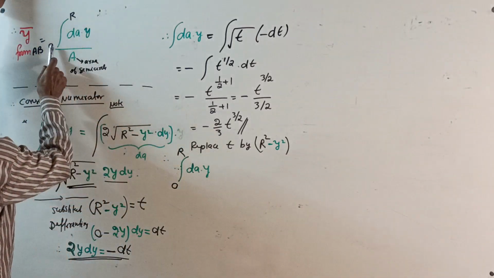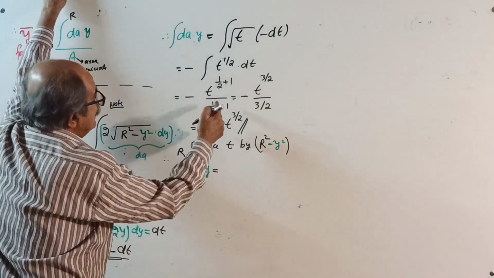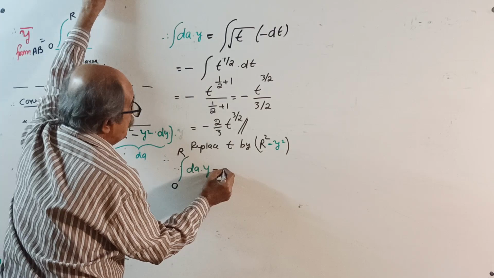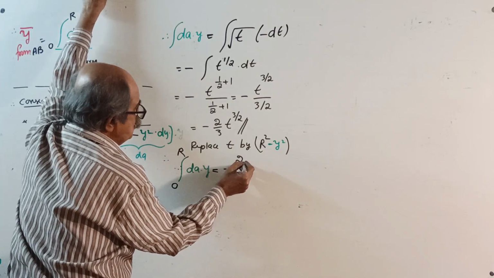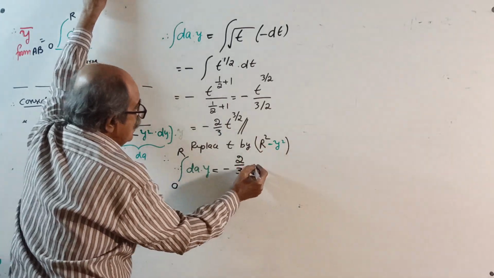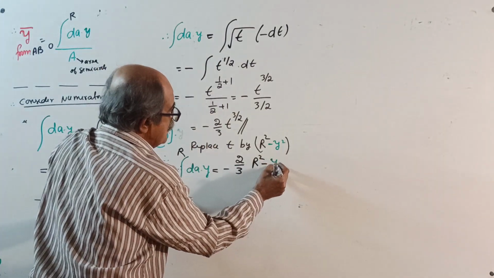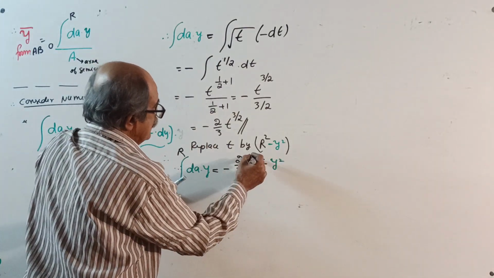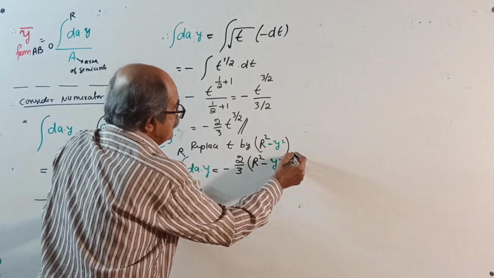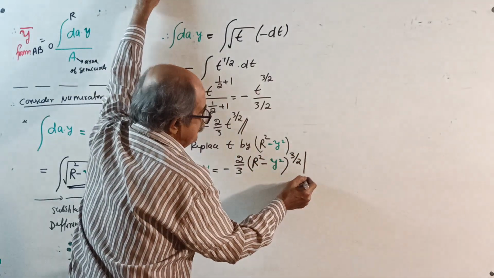The integral from 0 to r of dA into y will become minus 2 by 3 times r square minus y square to the power 3 by 2, with limit 0 to r.